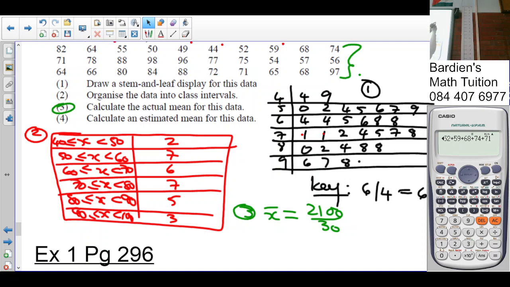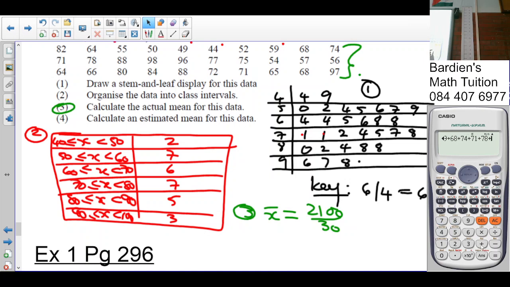Okay, so 64. 71, not 74. Wait, 68. 59. Okay, 68 then 74. Then 71, yes.